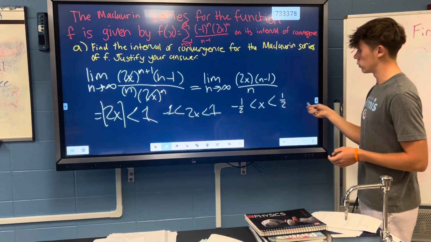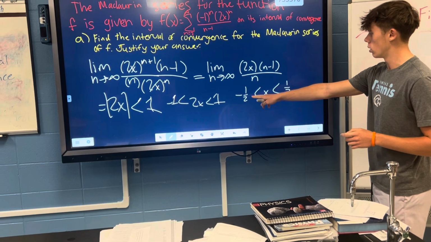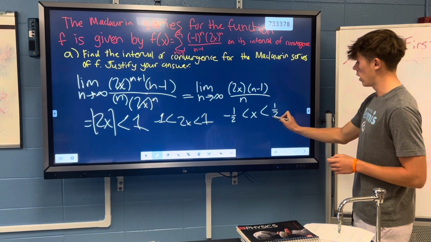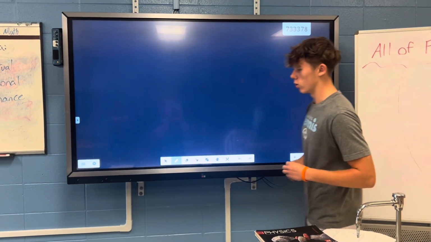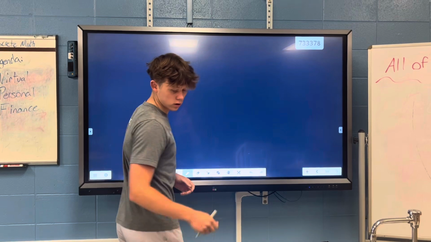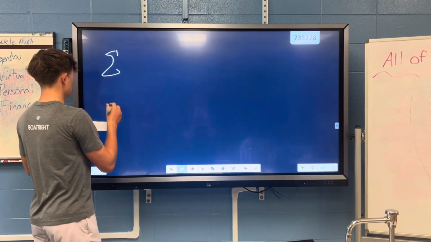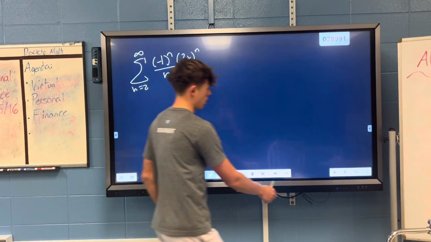So then this is what your interval of convergence will be, except you have to test the endpoints because you don't know if it converges at the endpoints. You could have an equal to on either side, but you don't know. So to test your endpoints, you're going to take your original series and plug in your bounds into that function.